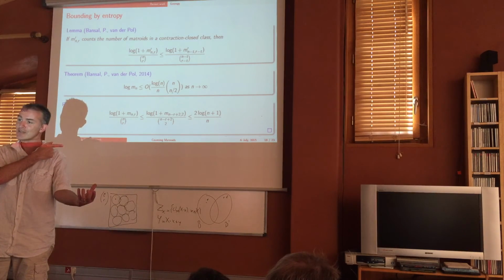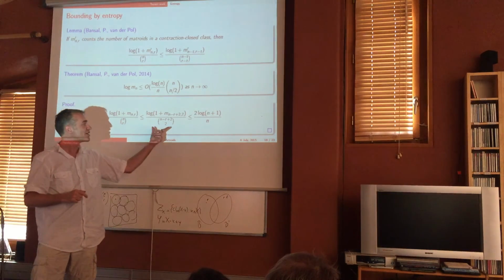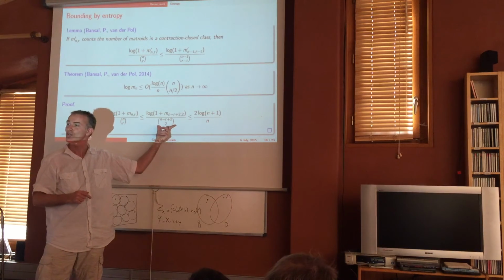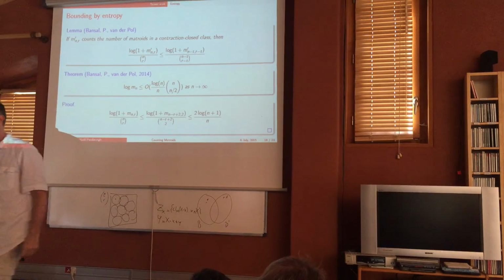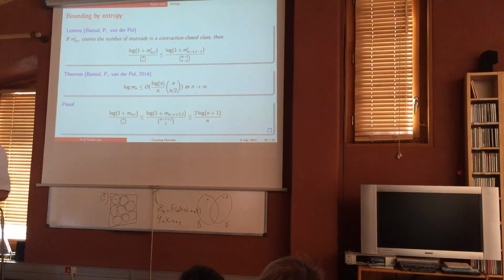But now it's rank 3, and now it compares very well to this n choose 3 here. And then all of a sudden you have an upper bound that tells you that almost nobody is going to be k-point line free.